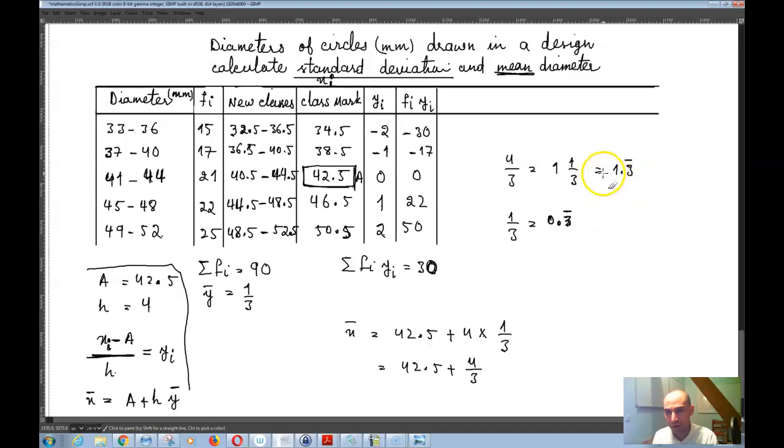But since you cannot use this number in calculation, you have to round it, for example, to 1 decimal place or 2 decimal places, depending on your needs. Over here, the decimal place is not that important really.